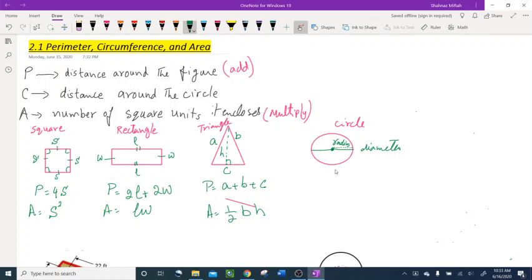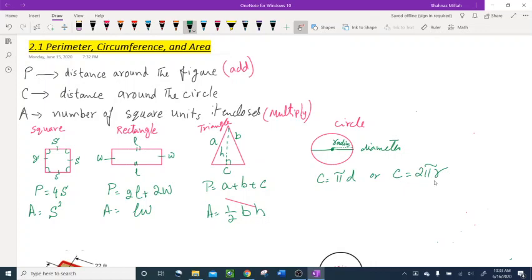Now the circle. For the perimeter we use a special name, circumference, around the circle. There are 2 formulas for the circumference. One is C equals pi d, or you can use C equals 2 pi r. I tell my students all the time, if the question gives you the diameter, use this formula so you don't have to change the diameter to radius.